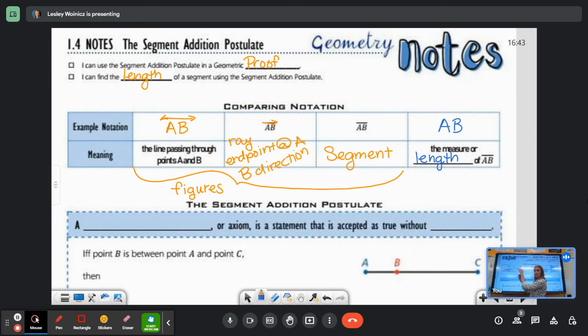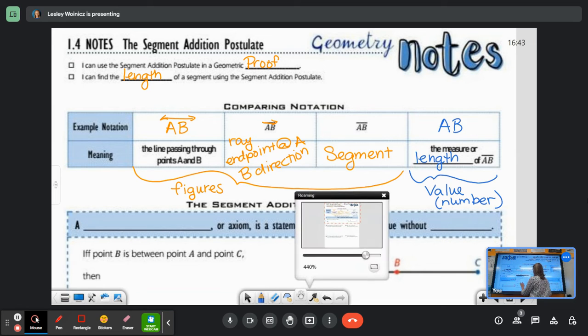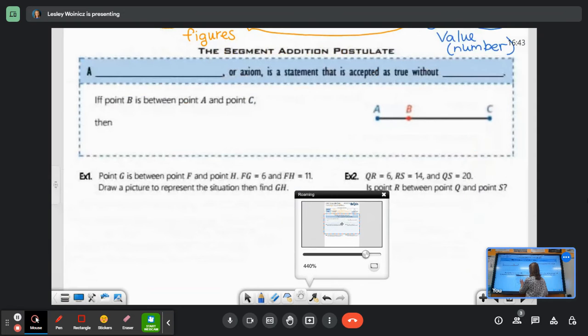AB without a symbol on top is not a figure. It is a value. It is a number. Whole different can of worms. Hopefully that cleared up the differences in some of the notation and will make today easier.